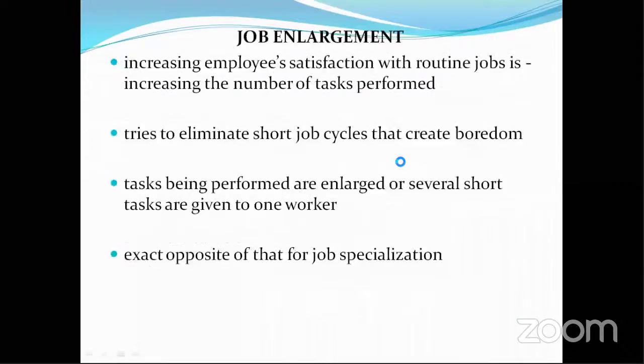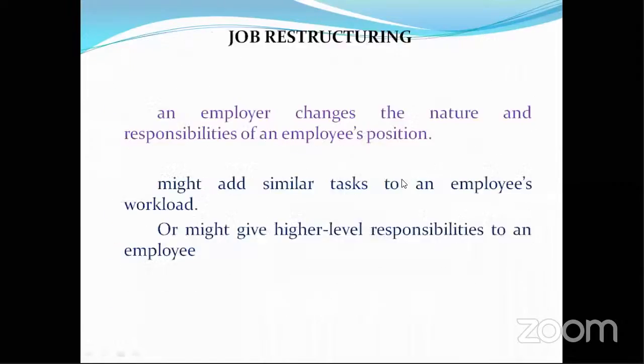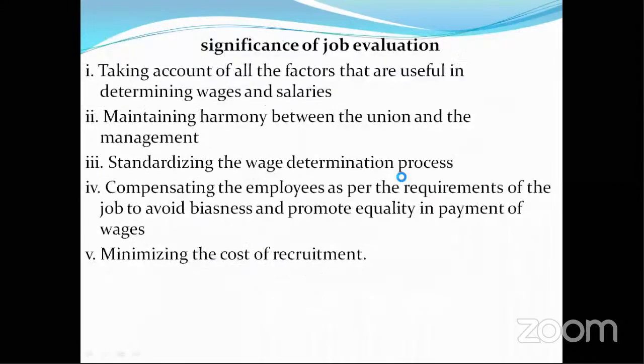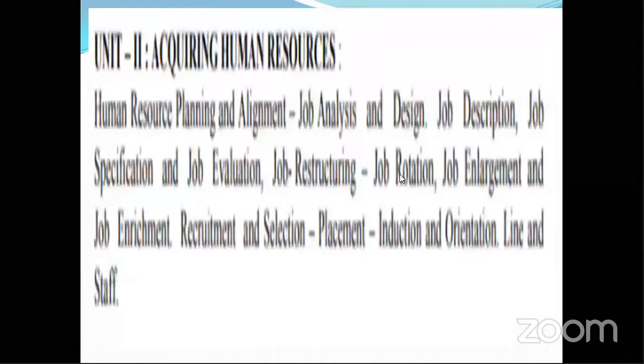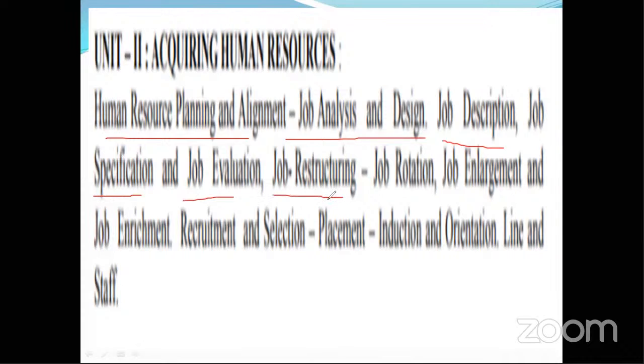But before I wind up, what we have learned in the second unit, I will mention once. This is our second unit. In the second unit, we have learned about human resource planning and alignment, job analysis and design, job description, job specification, job evaluation, and job restructuring.